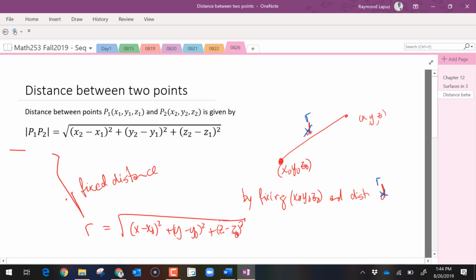And then you have this relationship between x, y, z, and x naught, y naught, z naught, and r.